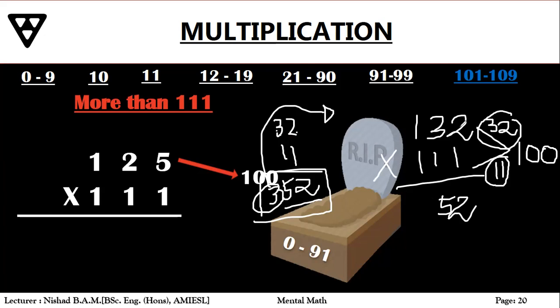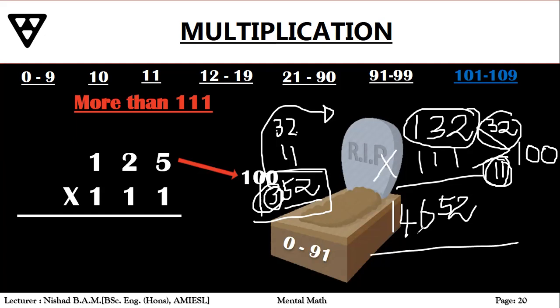Now, what we have to do is add this number and this number together. If we do that, 132 plus 11, it will be 143, right? So 143 plus, we have to add this reminder. So then that will be 146, right?